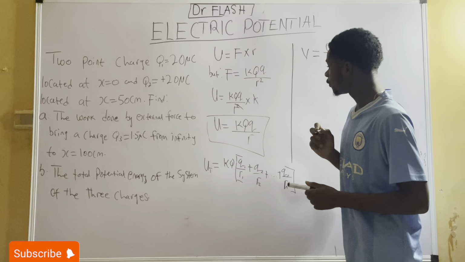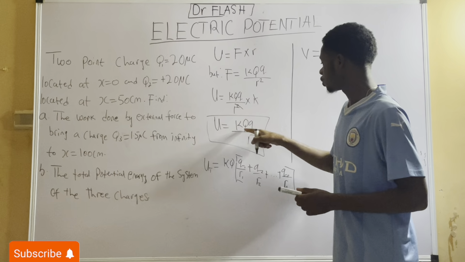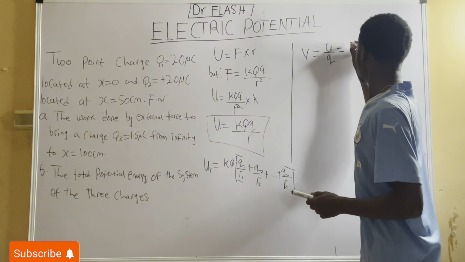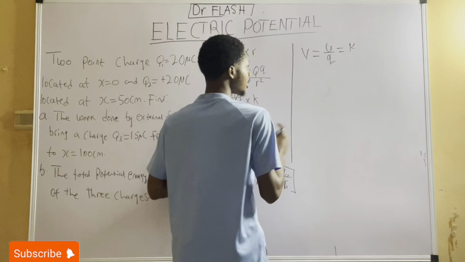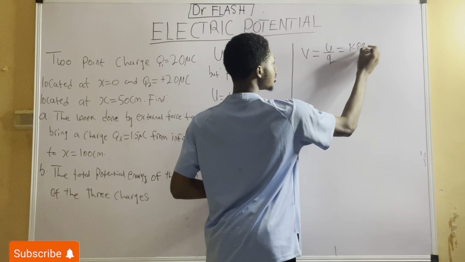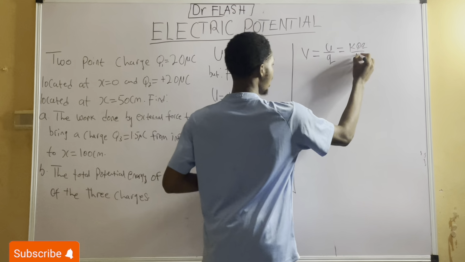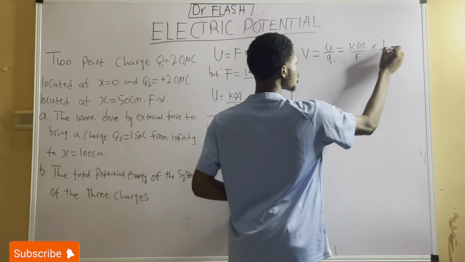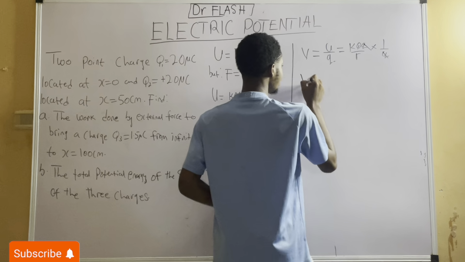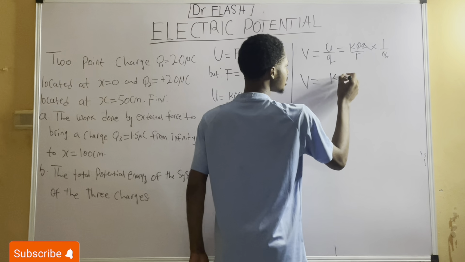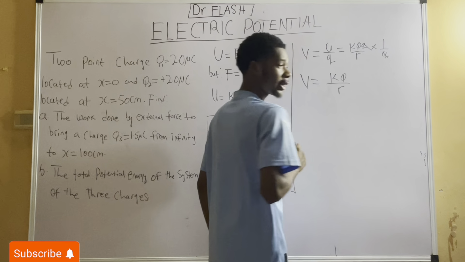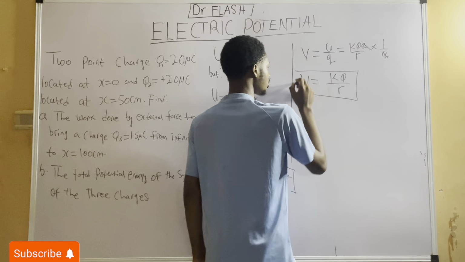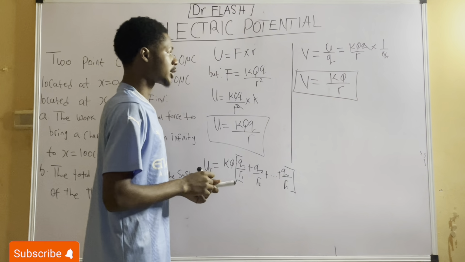Now we've already proven that U is kQ times q over r. If I choose to substitute in, I'm going to get kQq divided by r, which is for U, times 1 over q. Now q cancels out q, and then we're left with electric potential as kQ divided by r. Now this formula is worth noting as well. The formula for calculating electric potential is given as kQ over r.